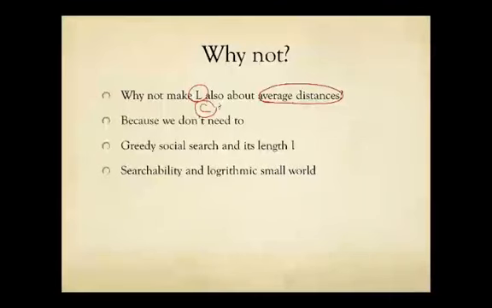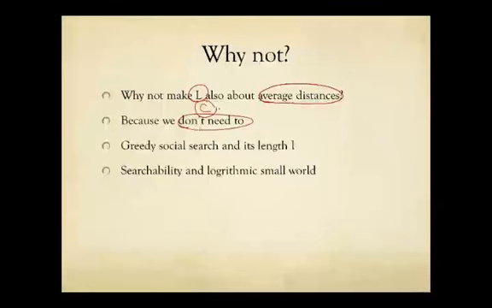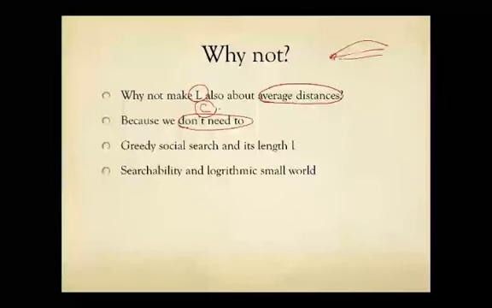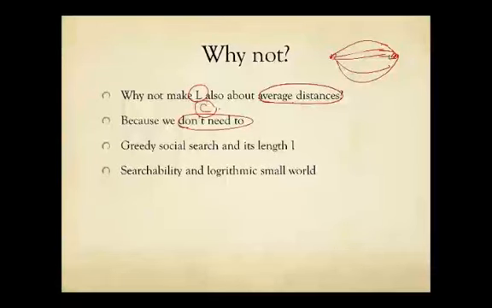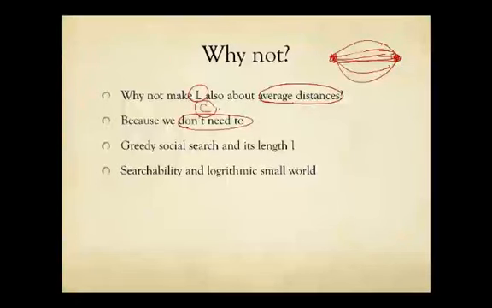Well, it turns out that we don't need to. Why don't we need to? Because we don't need all the paths, or the average path length between two nodes, to be short. When we route, as long as we can find a short path, a smart enough routing method is going to pick out that path.